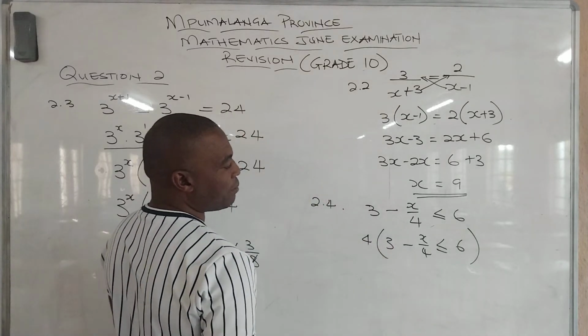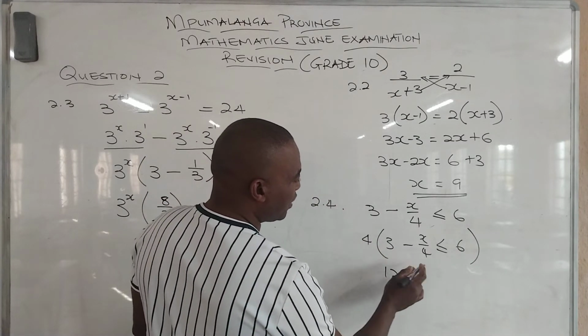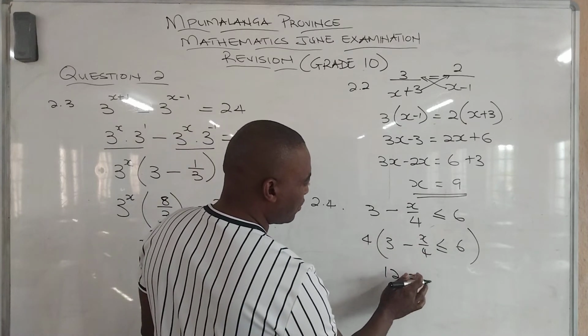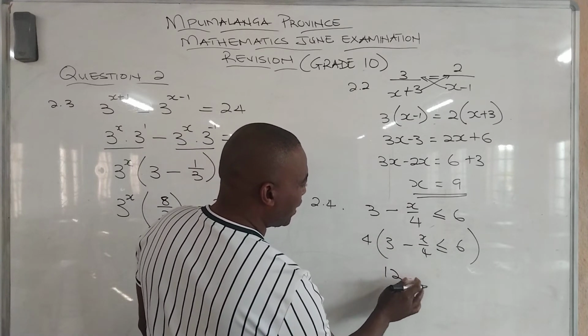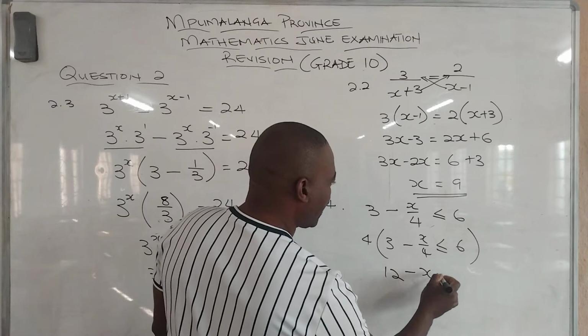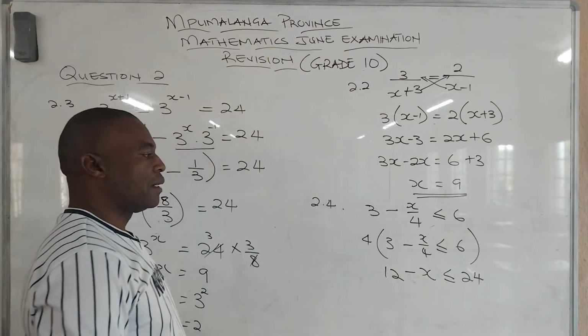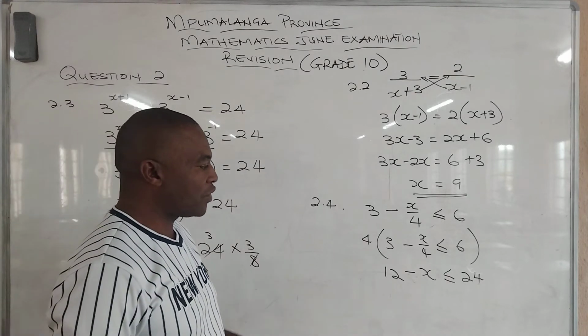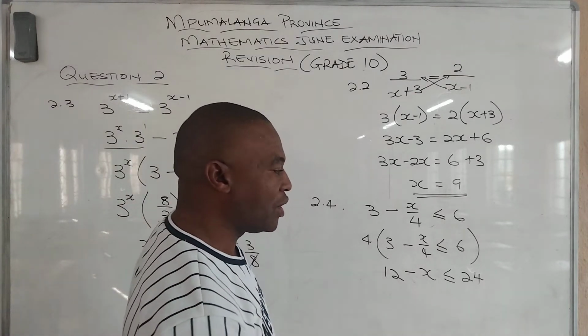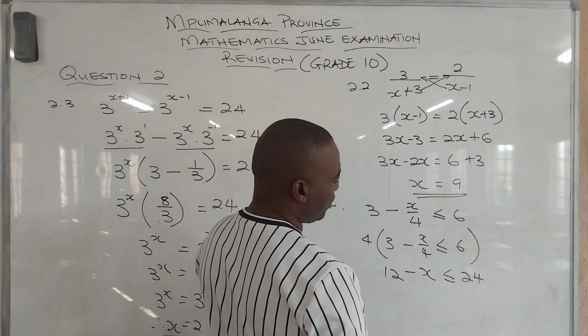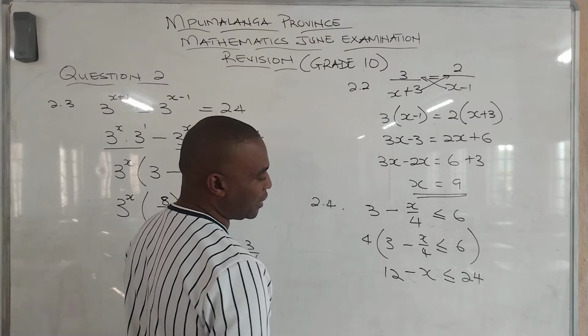If you multiply by 4, we get 12. Multiply by 4, that will be minus x, less or equal to 24. Now once we get rid of fractions, it becomes easy to work with this inequality.